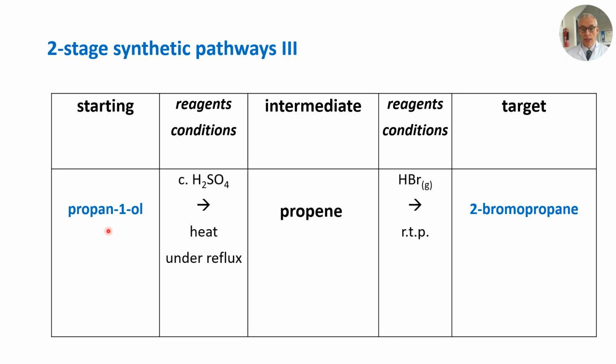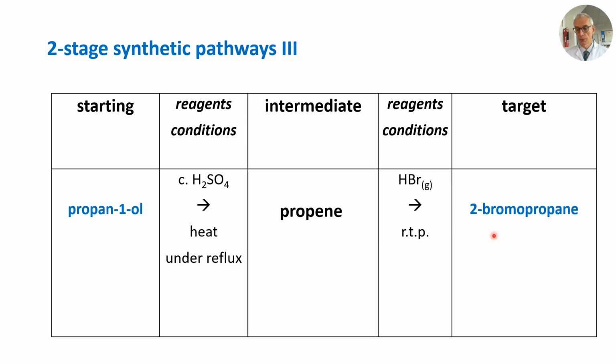So again, I'm going to dehydrate with concentrated sulfuric acid heat. I've added the detail of under reflux to form propene. And I'm going to add hydrogen and bromine atoms in the form of hydrogen bromide at room temperature and pressure to form 2-bromopropane.